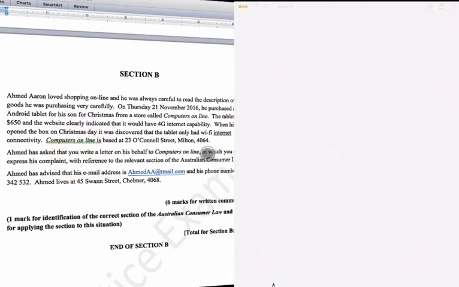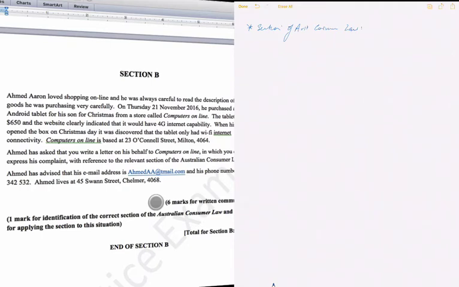Okay, so if we're going to write the letter, the first thing we have to do is identify which section of the ACL, the Australian Consumer Law, applies. I do know off the top of my head which this one is, but in case I didn't, I'd be going to my handy-dandy hint sheet.